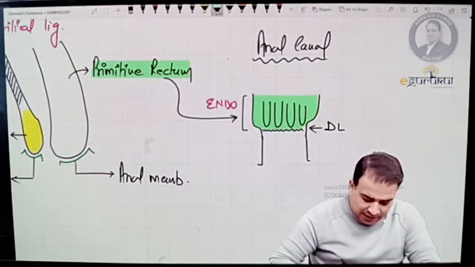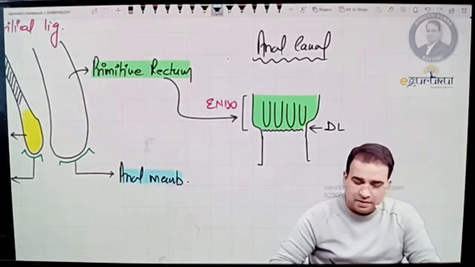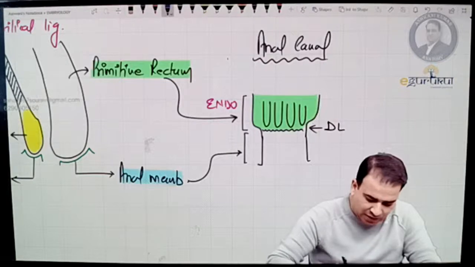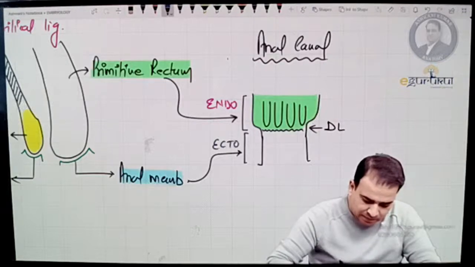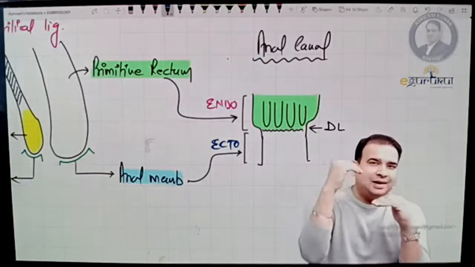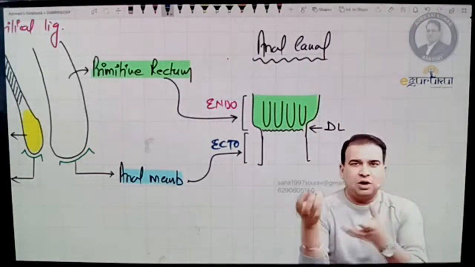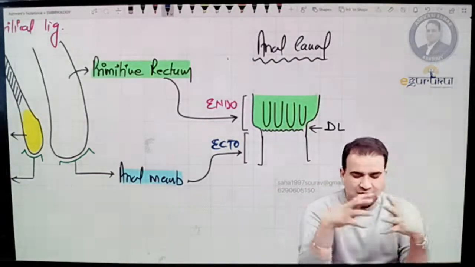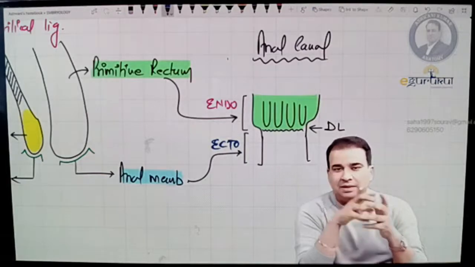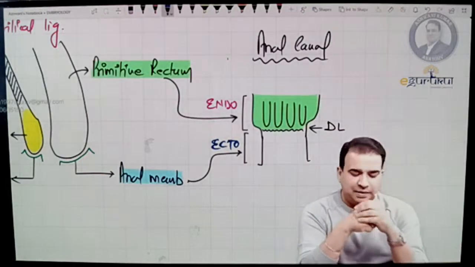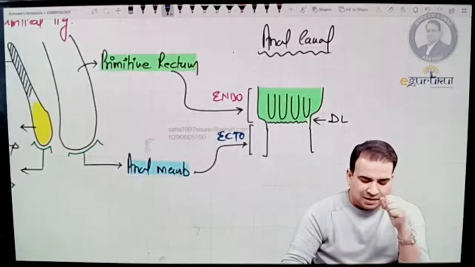On the other hand, the anal membrane, which is coming from the cloacal membrane, will form the lower part of the anal canal, and that is the ectodermal part of the anal canal. So above the dentate line, everything that we have, the columns, valves, sinuses, is endodermal. And everything below the dentate line will be ectodermal, coming from the ectoderm of the anal membrane, which ultimately comes from the cloacal membrane. So that is about the anal canal.